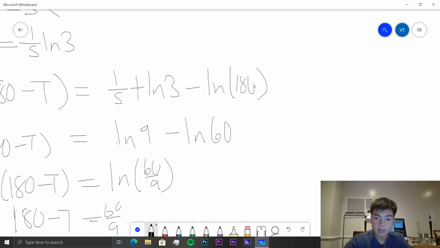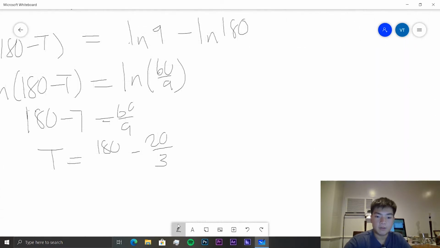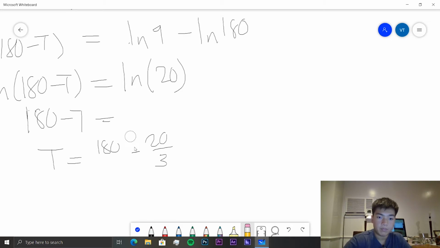Anyways, ln 180 over 9 is equal to ln 20, so 180 minus T is equal to 20. So the new temperature is 180 minus 20, which is equal to 160 degrees Celsius. So that is the answer.